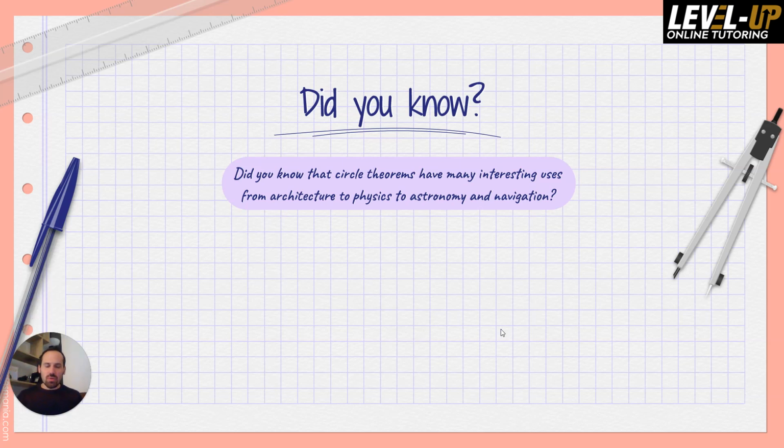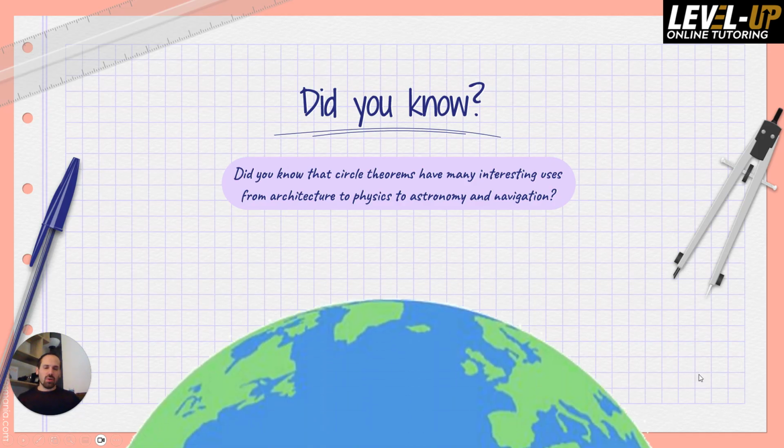Did you know that circle theorems have many interesting uses? Architecture, physics, astronomy, anything that requires geometry and understanding tangents, triangles, circles. One example I'm very familiar with is on the surface of the Earth.